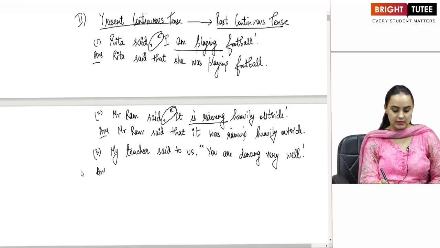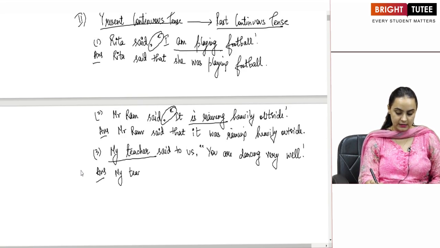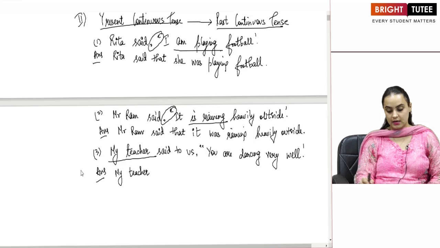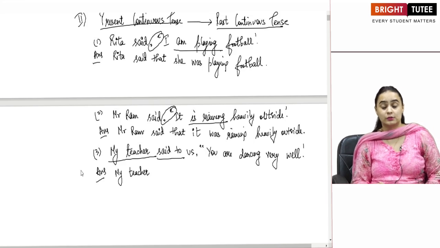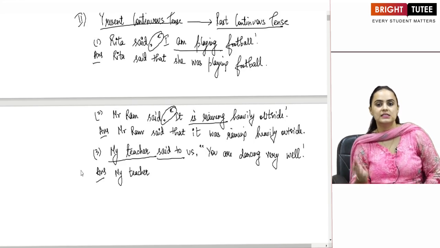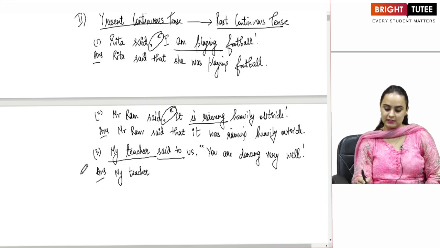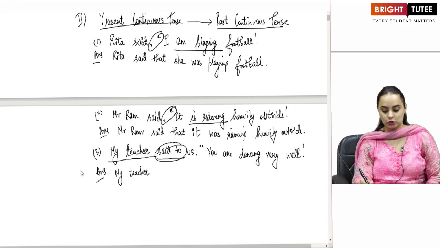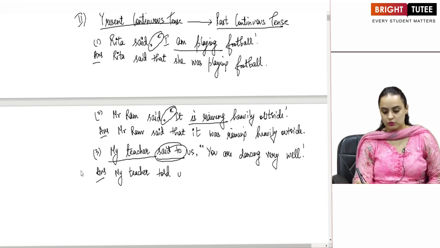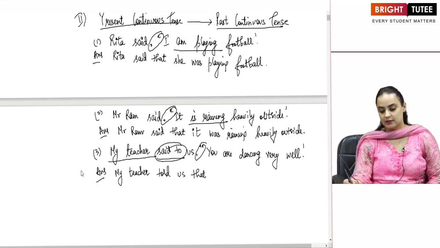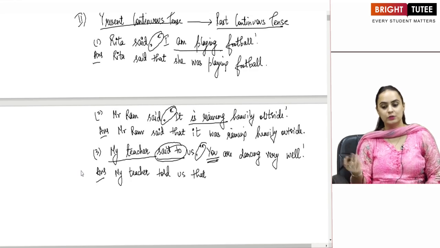Now let us see, how do we change it to indirect? My teacher, which is the speaker, remains as it is. Said to us. Who is the listener in the sentence? Us. So we have a listener, therefore we will change said to told. My teacher told us that you. Who is this you used for?